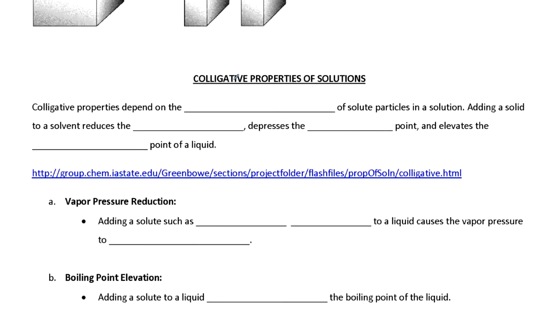Now, the last topic is what's known as colligative properties. Colligative properties are basically properties of solutions that change when you add more solute particles. The more solute particles you add and the greater the concentration of the solution gets, the more these properties change.